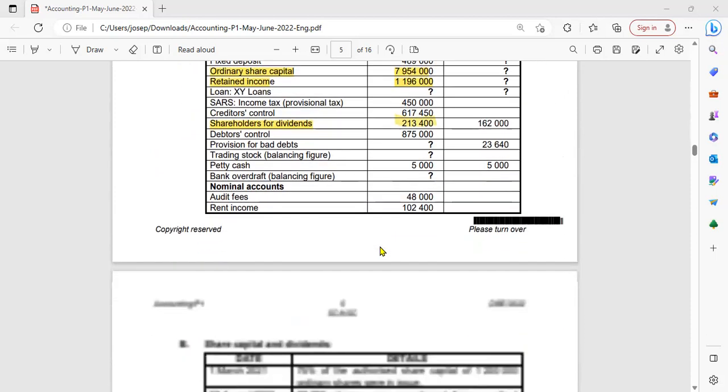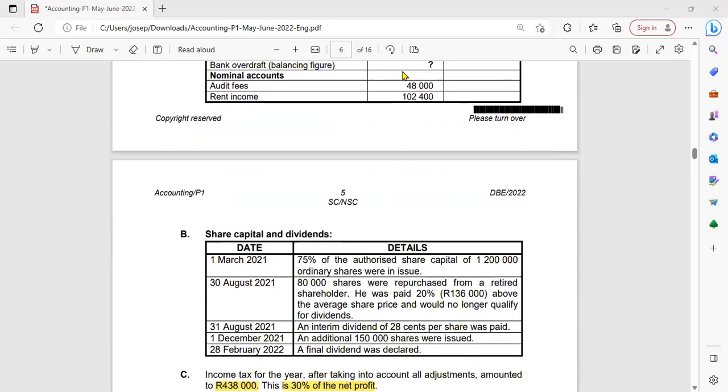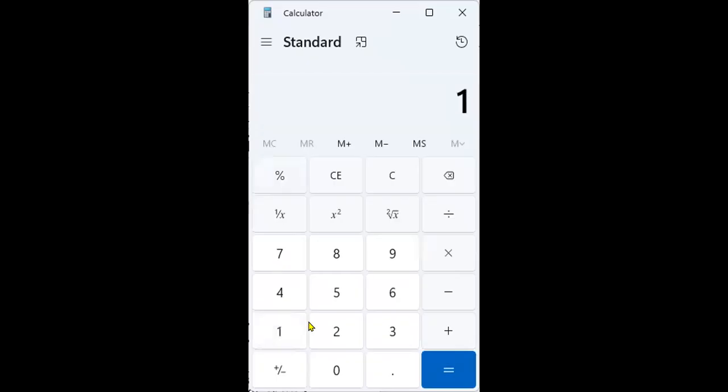Okay, so we are going to calculate 75% of 1,200,000 shares. Okay, let us calculate. 1,200,000 multiply by 75%, and that gives us 900,000 shares.